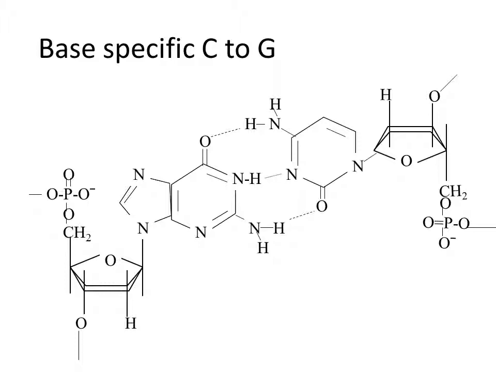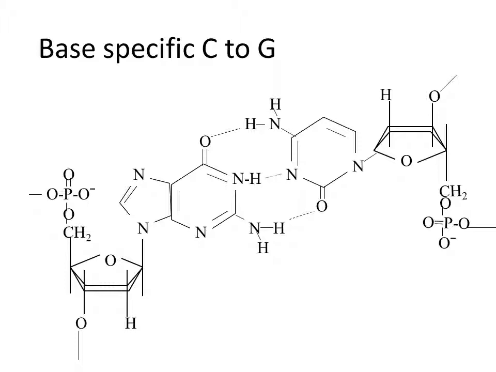This is showing you cytosine to guanine hydrogen bonding. The cytosine is on the right and the guanine is on the left, and you can see that there are 3 hydrogen bonds here. The guanine carbonyl oxygen is hydrogen bonding to an amino group on the cytosine, and the hydrogen that is attached to the nitrogen in the guanine group is hydrogen bonding to a nitrogen in the cytosine group.